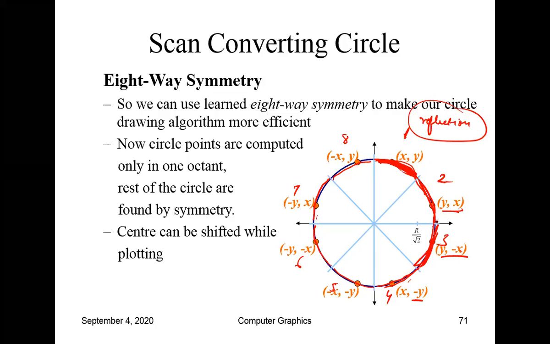Then we take the negative values for y and x, so we can draw it in the third octant, then the fourth, fifth, sixth, seventh, eighth. Similarly, there are certain other rules for other octants. So the question is how we can draw a particular arc in the first octant so that we can later draw it in other octants.